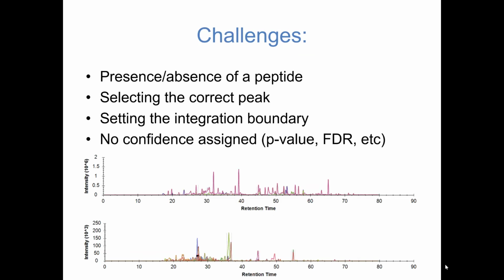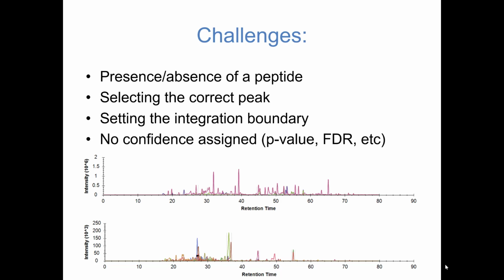Okay, so there are a lot of challenges in trying to analyze this data. The big one is presence or absence of a peak of a peptide, and choosing which peak is the right peak. Is it down here in the chromatogram? Is it up here? Setting your integration boundaries is a pretty hard process, and that's one we'll talk about tomorrow.